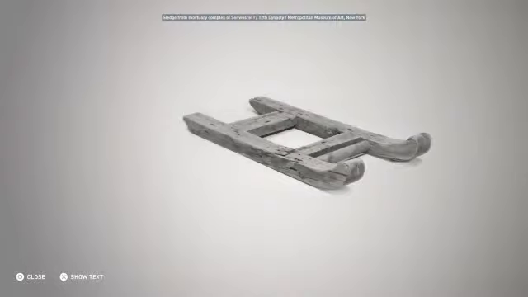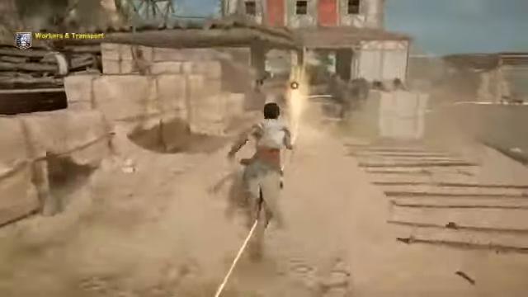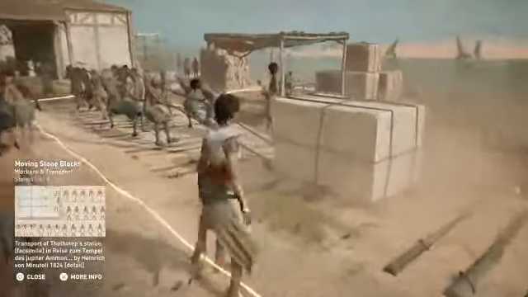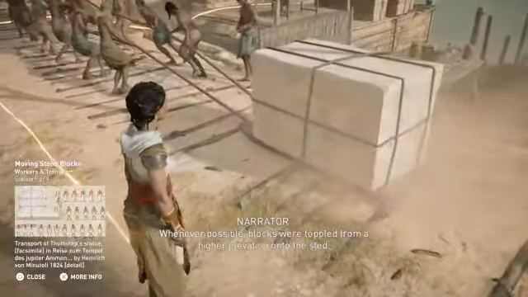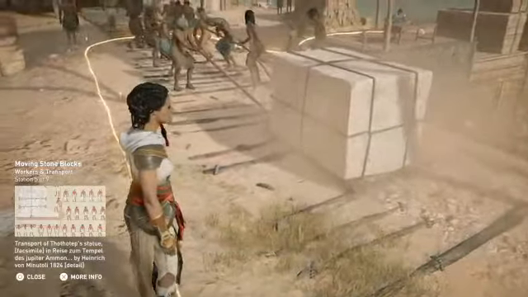Sledge from Mortuary Complex of Senwosret I, 12th Dynasty, Metropolitan Museum of Art, New York. Whenever possible, blocks were toppled from a higher elevation onto the sled.